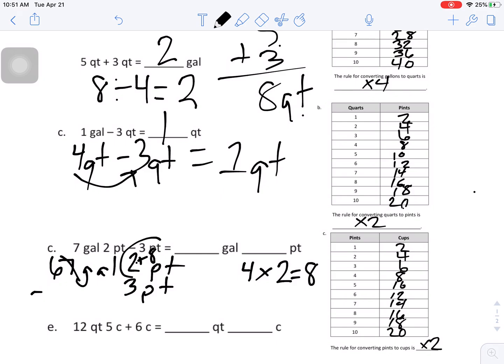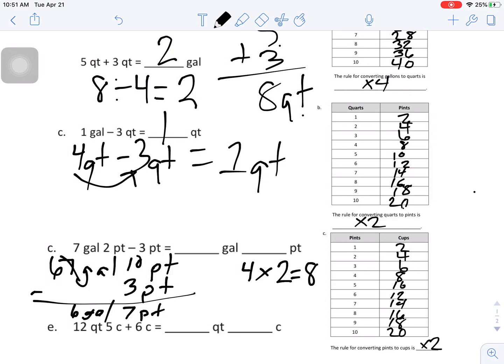So this is actually 10 pints. Now I have 10 pints minus 3 is 7 pints, and I have 6 gallons.